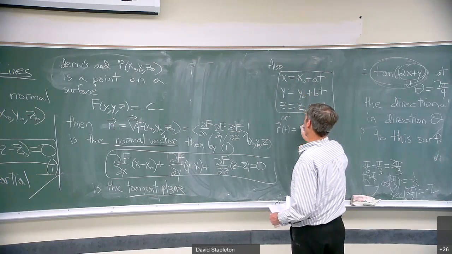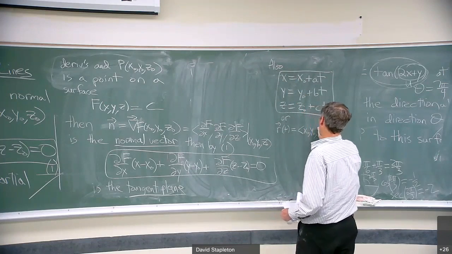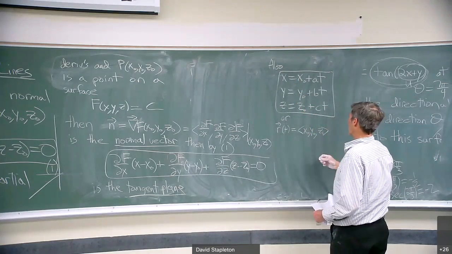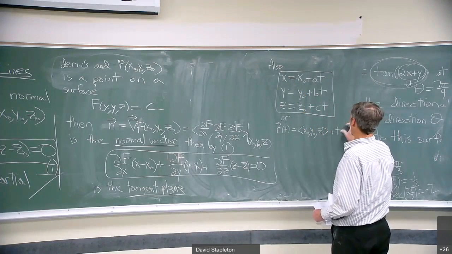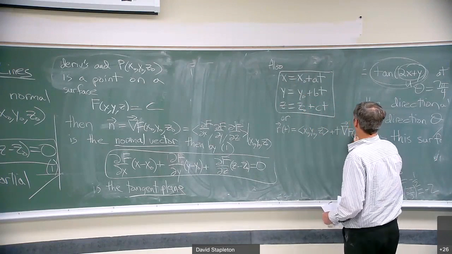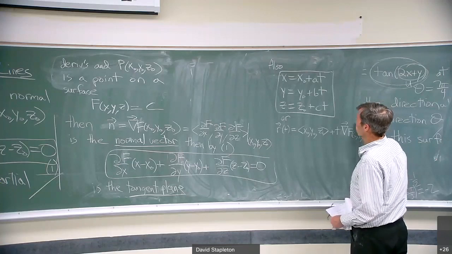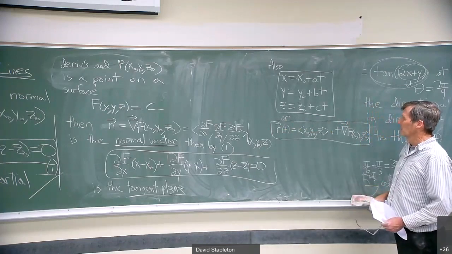Or r of t equals the point, a vector with components to the point, plus t times the normal vector is the normal line.